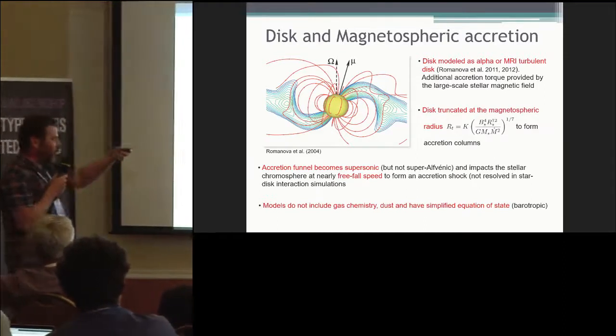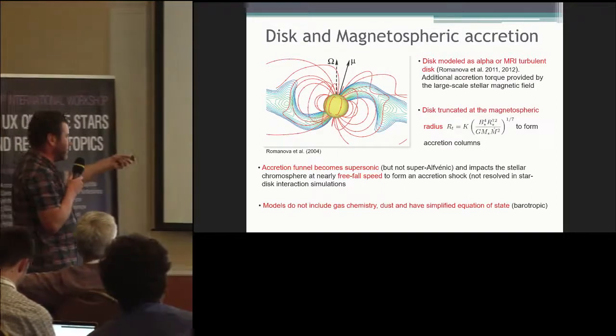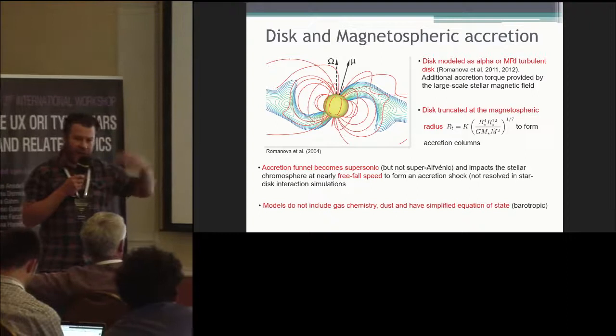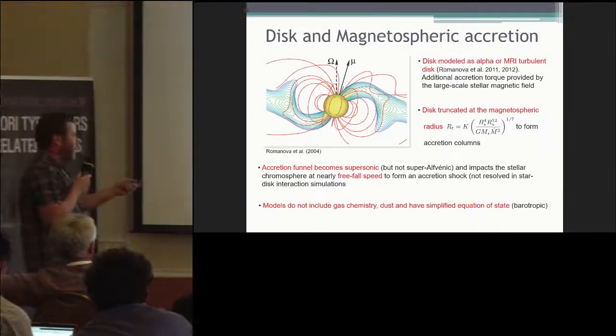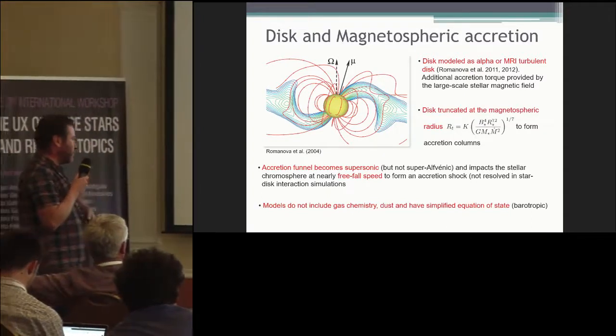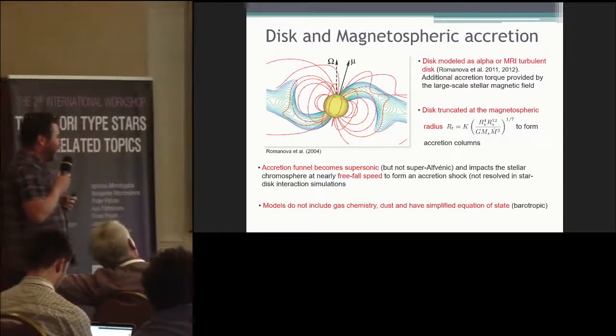The alpha torque or the MRI turbulent torque usually is not the only torque driving accretion. Of course, since there is the stellar magnetosphere, the large-scale magnetic fields tend to add another torque on top of the disk. Then the disk is truncated at the magnetospheric radius and starts to form the accretion column, as we will see in these beautiful results, always by Marina Romanova.